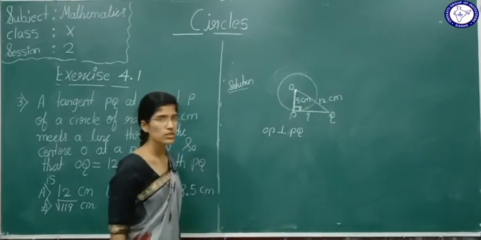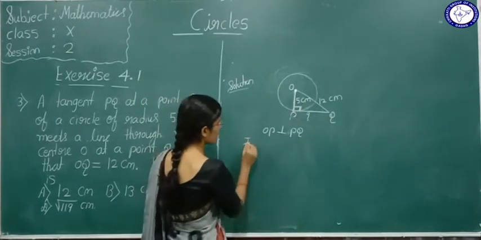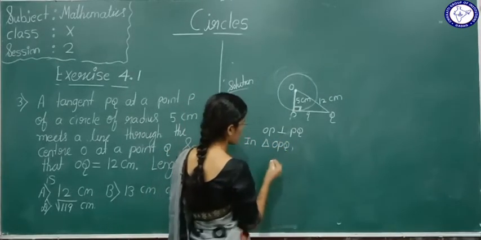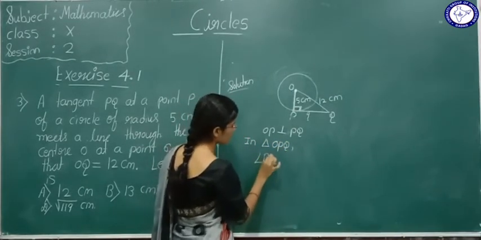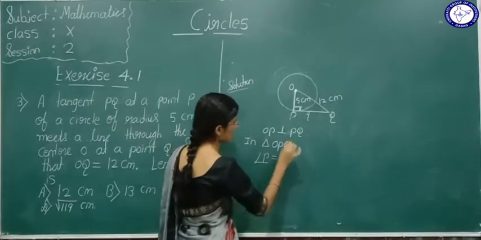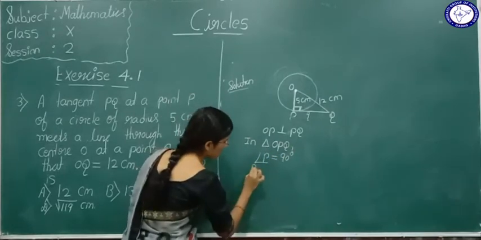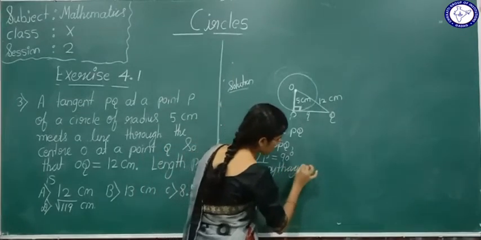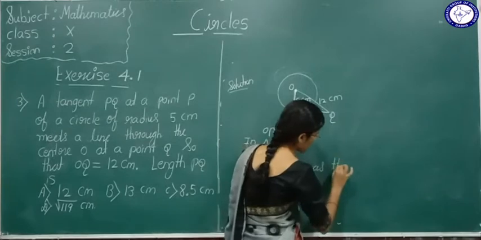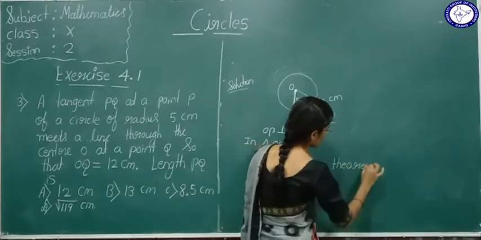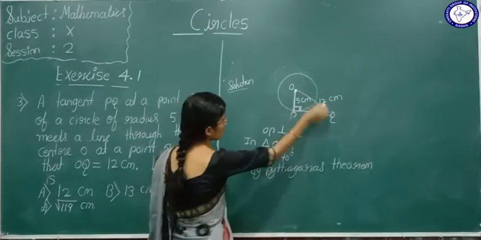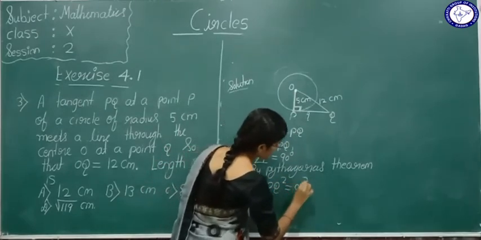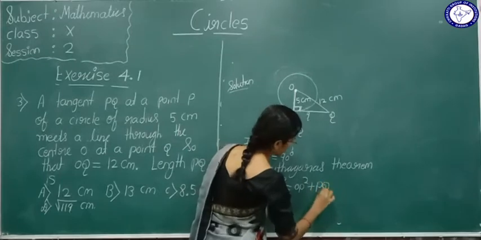See here, if this is a 90 degree, this is a right angle triangle. By Pythagoras theorem, what can we tell? In triangle OPQ, angle P is equal to 90 degree. So OQ square is equal to OP square plus PQ square.